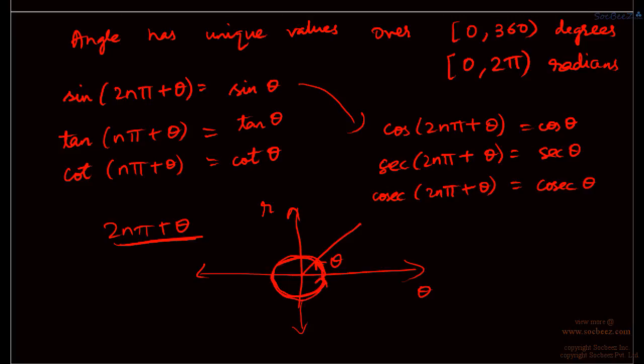So 2n pi will bring us back to the starting position, and then the theta is indistinguishable. That is why these are called allied angles. These are the basic relations. The only exceptions are tan theta and cot theta, which bring back the same values after just a rotation of pi.